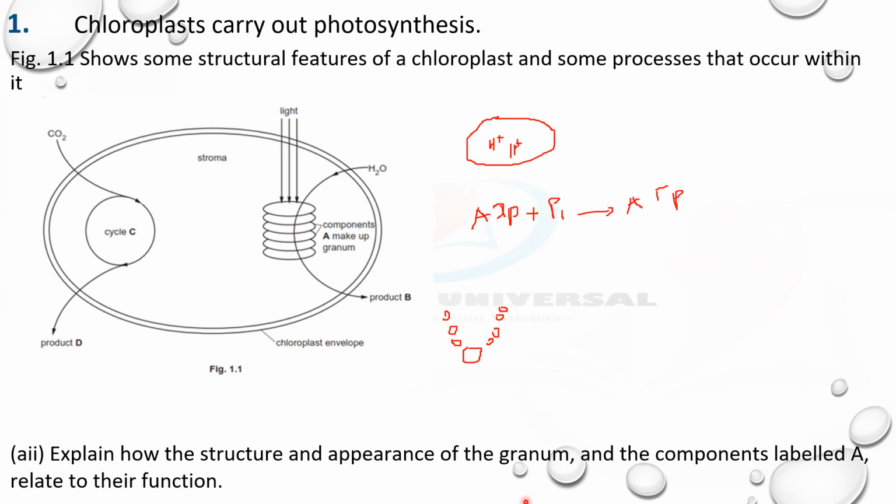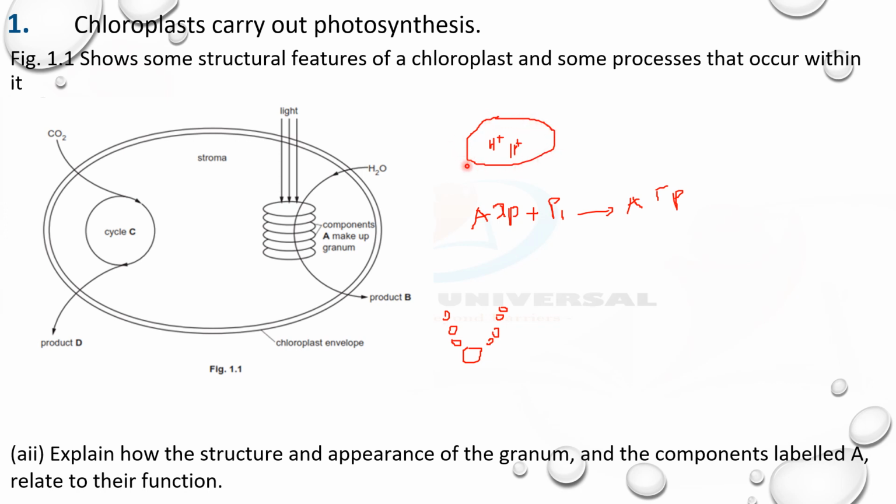So we have mentioned a whole lot. It says component labeled, relate to their function. The first function is that this provides large surface area. That's thylakoids stacked together in granum for absorption of light. Embedded in the membrane here are all those photosynthetic pigments, which are arranged to form photosystems.